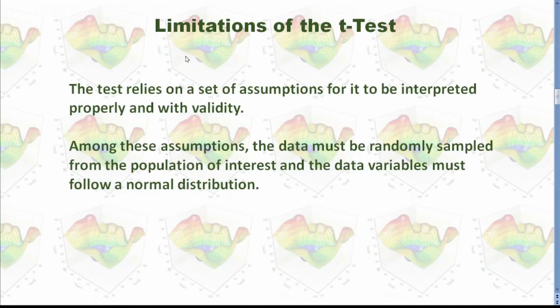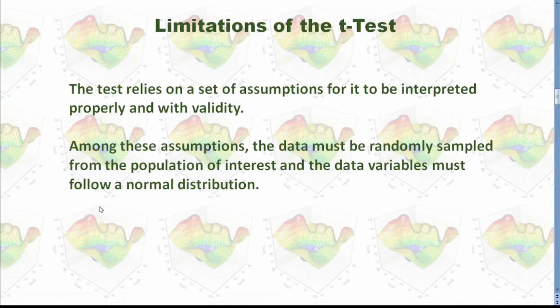Then, what's the limitations of the t-test? As I mentioned, the test relies on a set of assumptions for it to be interpreted properly and with validity. Among these assumptions, the data must be randomly sampled from the population of interest, and the data variables must follow a normal distribution.